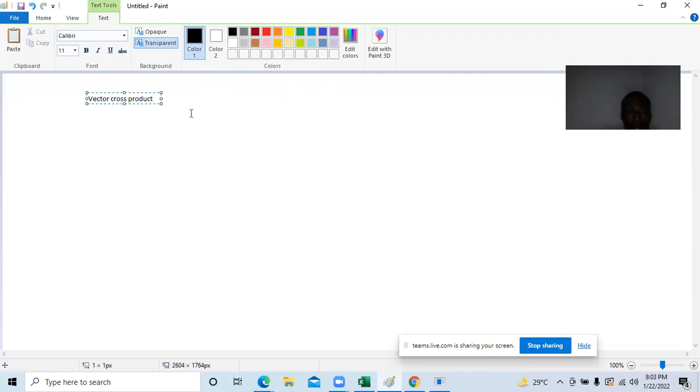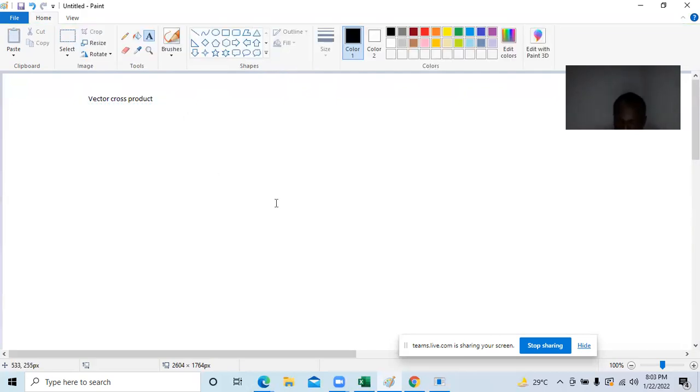We have vector A cross vector B. Remember I told you that a dot product is represented by a dot, but a cross product is represented by a cross. So they are not the same thing. It's going to give us vector C, obviously.